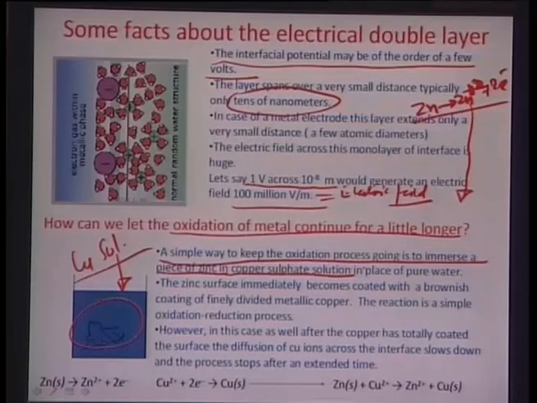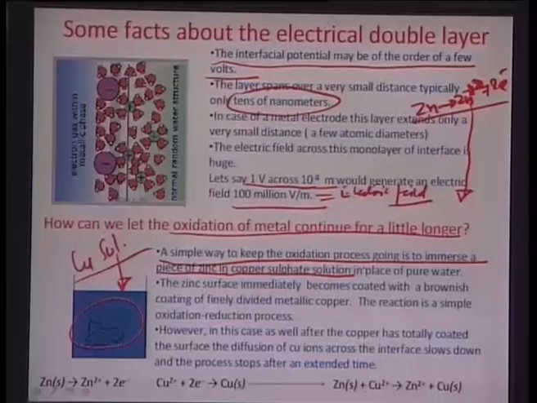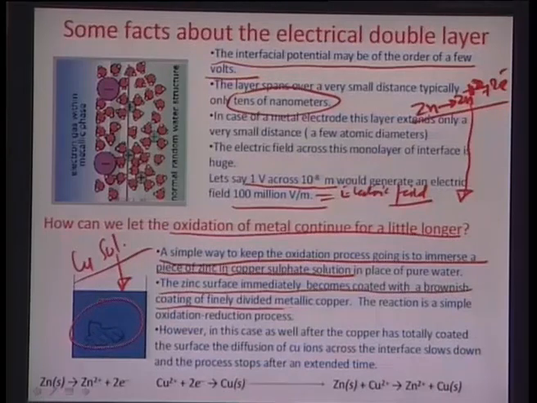So, this generates something called a redox couple, okay, wherein the first process that takes place is, okay. So, let me first say what is going to happen if such a zinc is dissolved inside the copper sulfate solution. So, it immediately becomes coated with a brownish coating of finely divided metallic copper onto the surface.